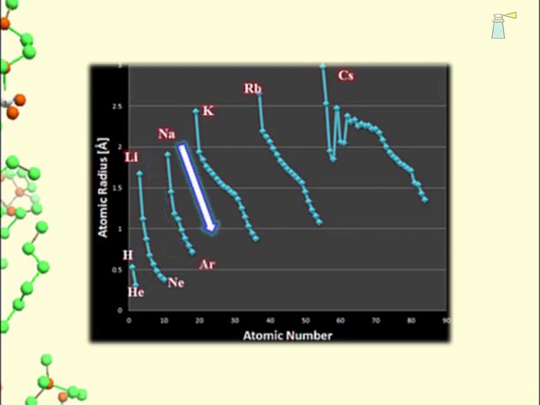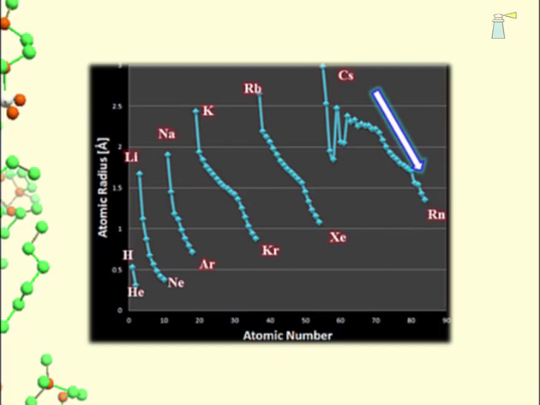Starting with sodium and decreasing atomic radii to argon. Next, potassium to krypton. Rubidium to xenon. And finally, the column 1 element cesium to the atomic radius of the noble gas radon.